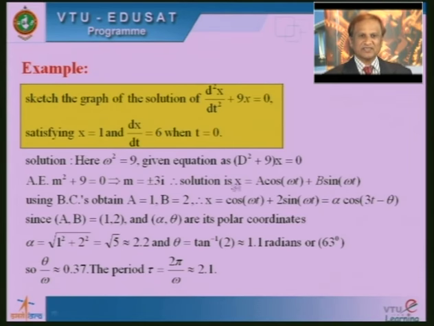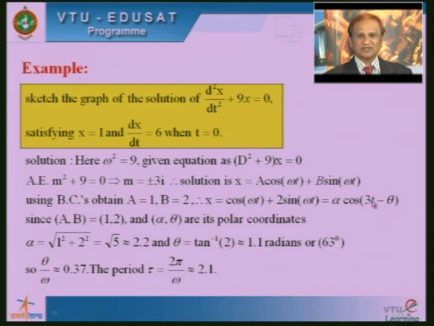Now, I will replace a by 1 and b by 2. So, what will we get? Therefore, x is equal to cos omega t plus 2 sin omega t. Friends, the same equation can be written in this form, alpha into cos of 3t minus theta.